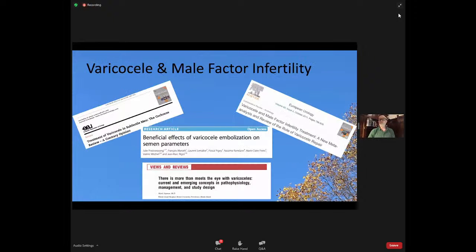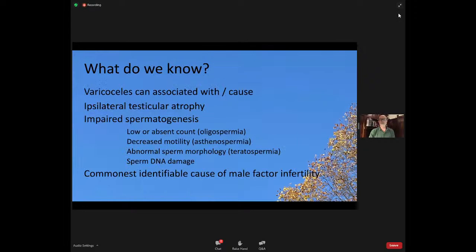That's really on the background of a significant increase in the literature supporting the outcomes for varicocele embolization in patients who have infertility or male infertility. In fact, there's good data to show that as one of the most cost-effective measures in male infertility, varicocele embolization should be considered early in the fertility journey.